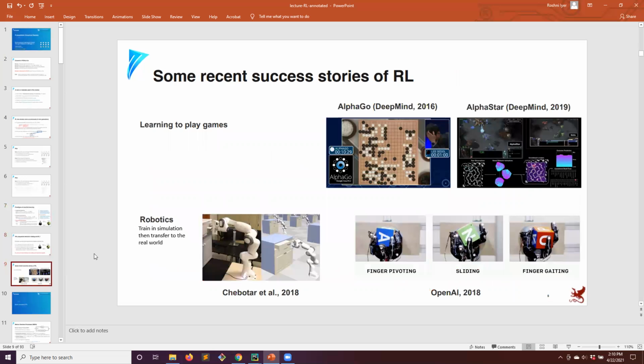And the domain of RL actually has shown a lot of success. For example, in learning to play games, we have agents who can even successfully beat one of the best human players.